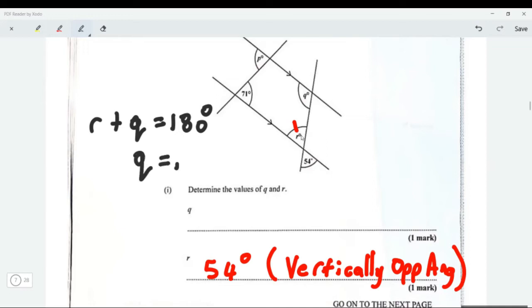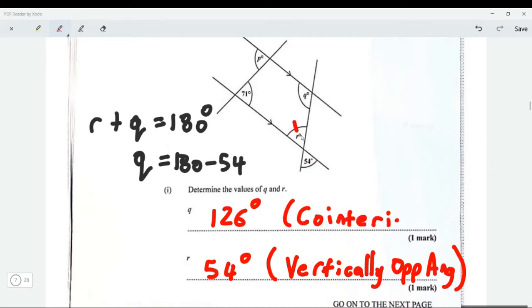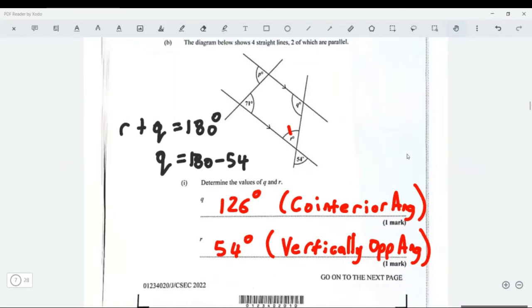So Q is going to be 180 minus 54. If we put that in our calculator, it's going to be 126 degrees. And that's because of co-interior angles. All right, really nice. So that takes care of P and Q.